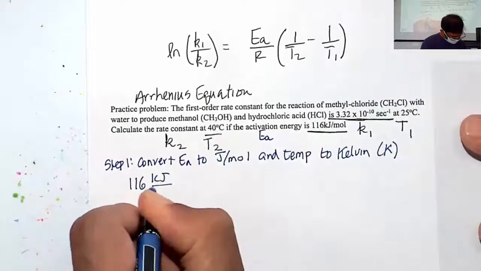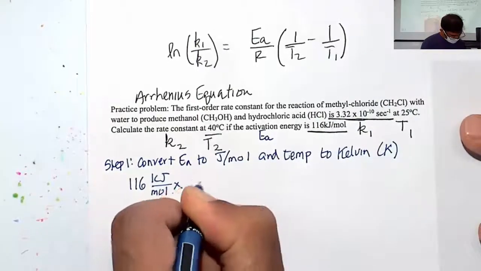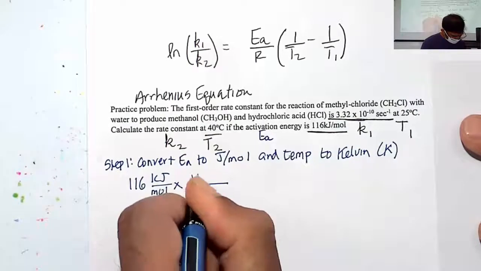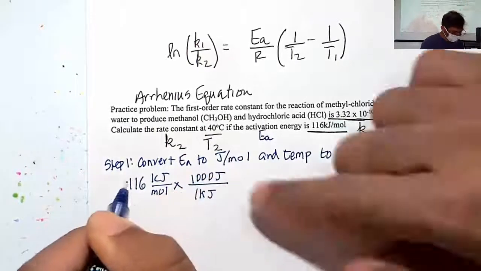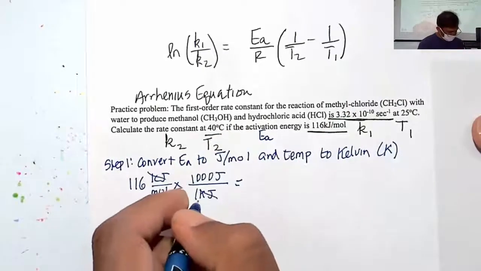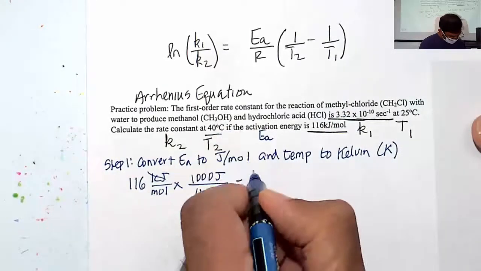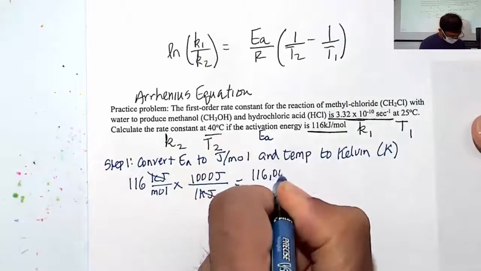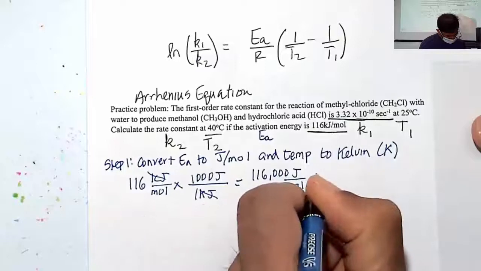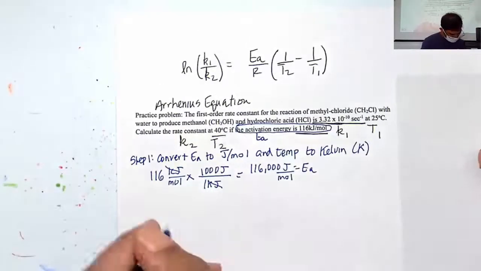116 kilojoules per mole times the conversion, 1 kilojoule has 1,000 joules. The kilojoules cancel, and we're left with 116,000 joules per mole. That will be our EA. Now let's convert our temperature.